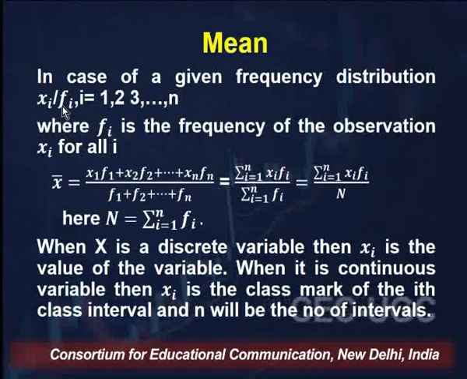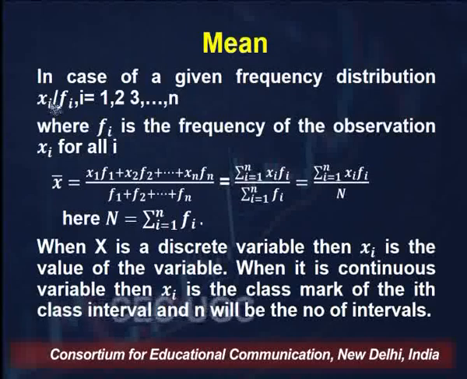But suppose you are given the frequency distribution which is grouped into class intervals. In that case my xi will mean the class mark, which I obtain by adding the lower limit and upper limit and dividing by 2, and fi is the frequency of that particular class interval whose class mark is xi. So, here my n will be the total number of class intervals.